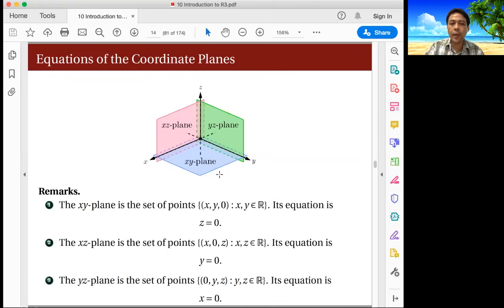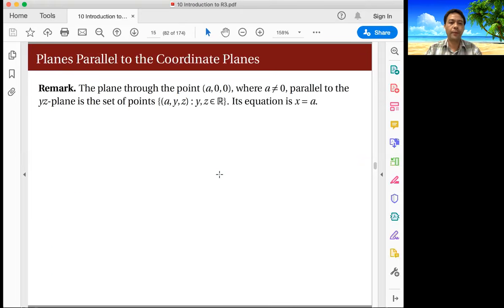Now, how about a plane which is parallel to a coordinate plane? For example, suppose that we have a plane that passes through a point on the x-axis, (a, 0, 0), a not equal to 0, and this plane is parallel to the yz plane.